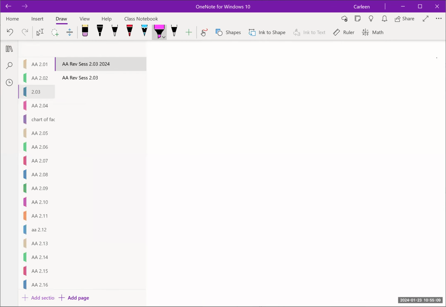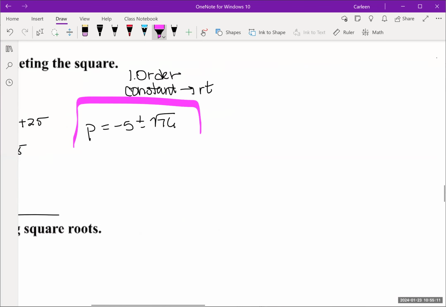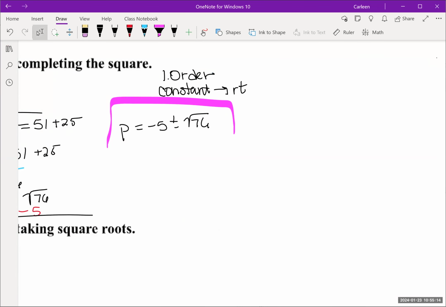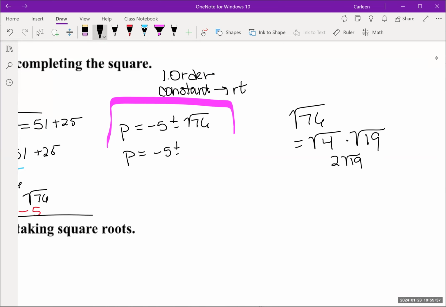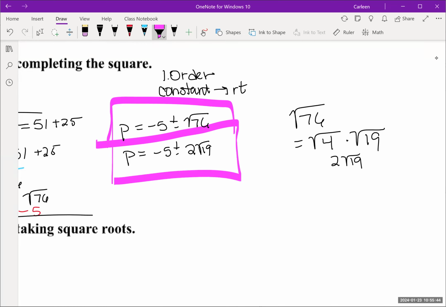Okay. So 76 is 4, and the leftovers are 19. So the square root of 4 is 2. The leftovers stay inside. -5 plus or minus 2 rad 19. Done.